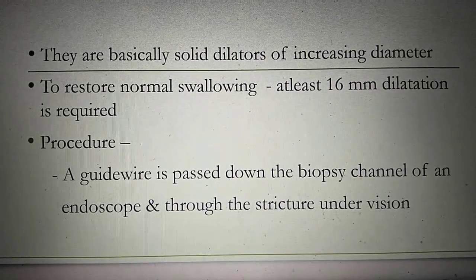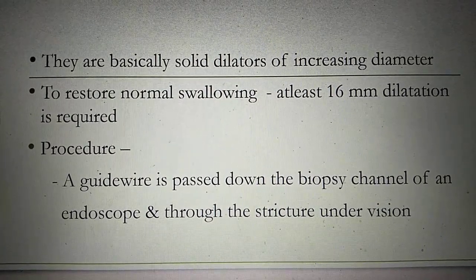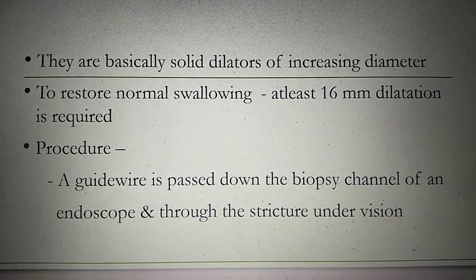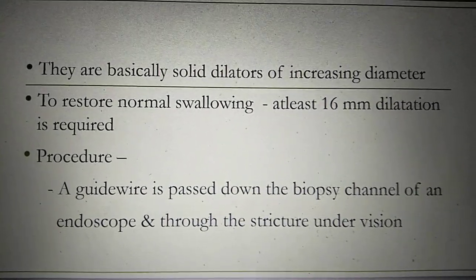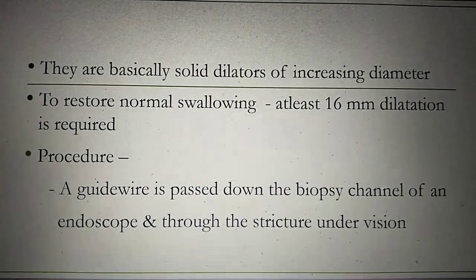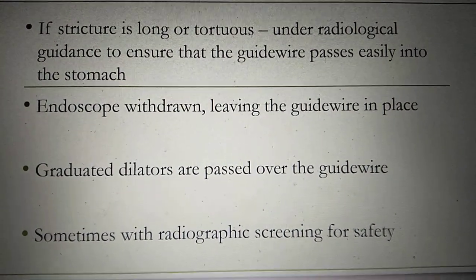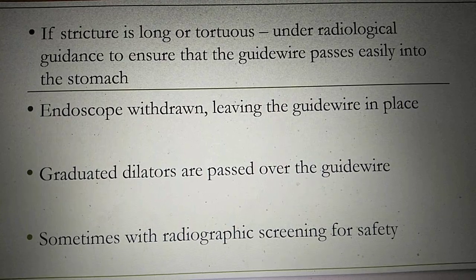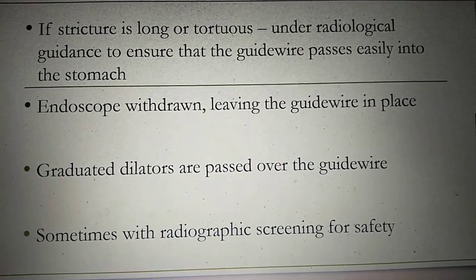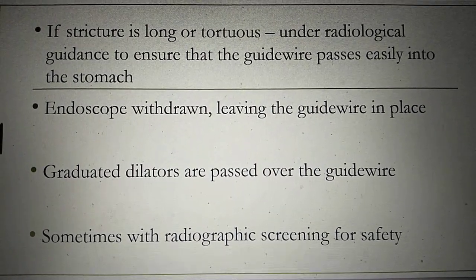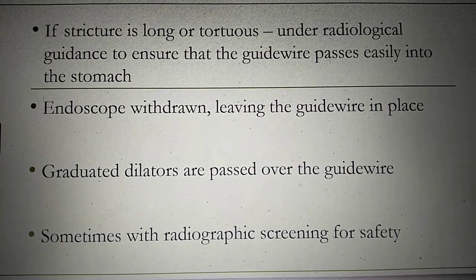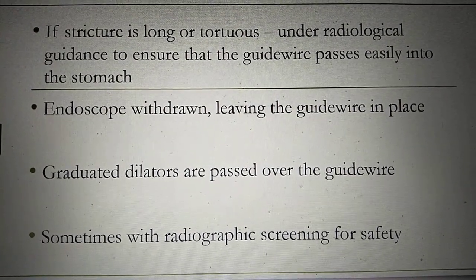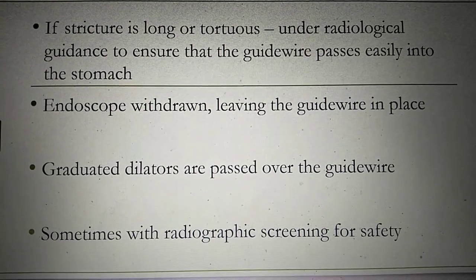As far as the procedure of dilatation is concerned, a guide wire is passed down the biopsy channel of an endoscope and through the stricture, preferably under vision. If the stricture is long or has a tortuous course, we can take the help of radiology, and radiological guidance is required to ensure that we are not going to perforate the esophagus and that the guide wire passes easily into the stomach.